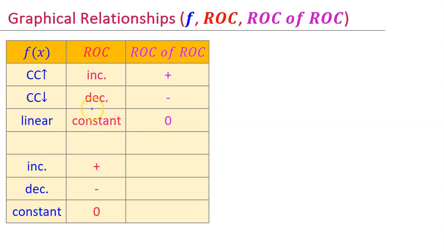For this problem, they are telling us that the rate of change is going from increasing to decreasing. That means the function itself goes from concave up to concave down. And where a function goes from concave up to concave down, that's called a point of inflection.